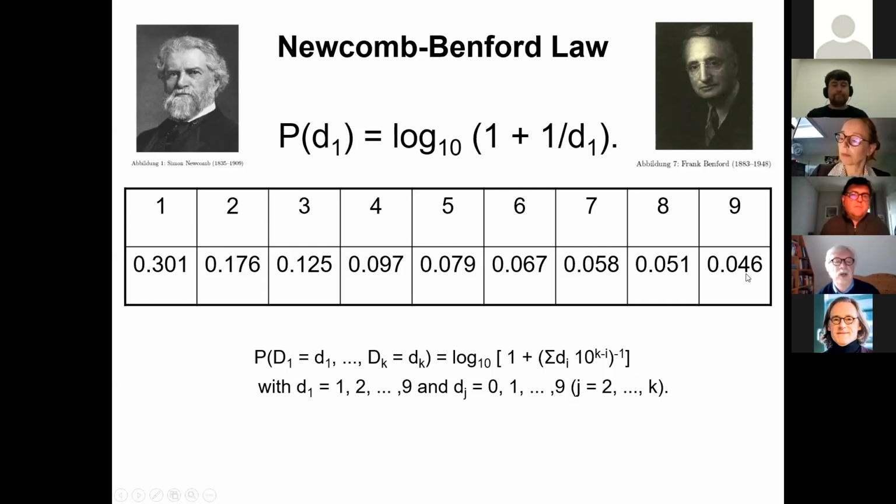So 1 is about more than 6 times more frequent than 9. And the idea I had is that we can use this distribution to check for scientific numbers. The idea to use this Benford law for detecting fraud was applied before by Nigrini for business data, but I thought maybe we should try it for scientific data.